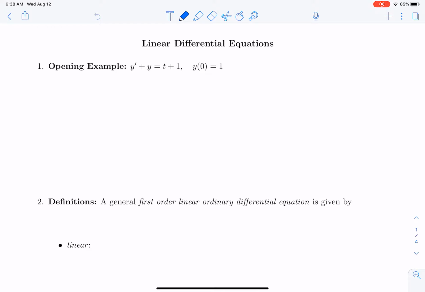Now at first glance, there doesn't seem to be a guess that we can use for the solution, and there doesn't seem to be a straightforward technique to figuring out what y is. So what I'm going to do is manipulate this equation a little bit to put it in a form that we can solve. So I'm going to multiply both sides of the equation by e to the t.